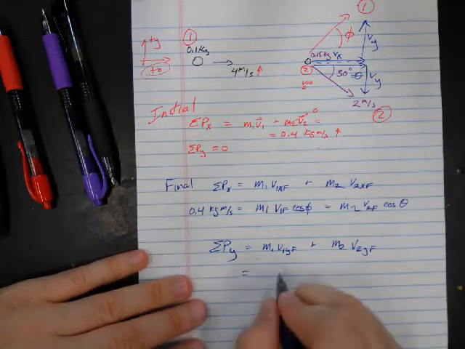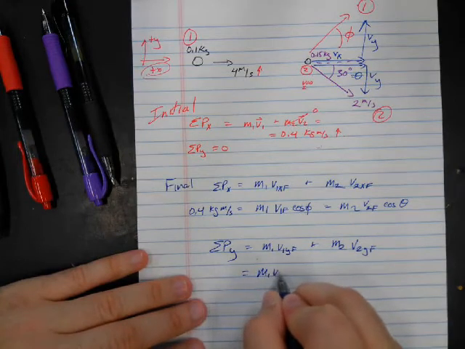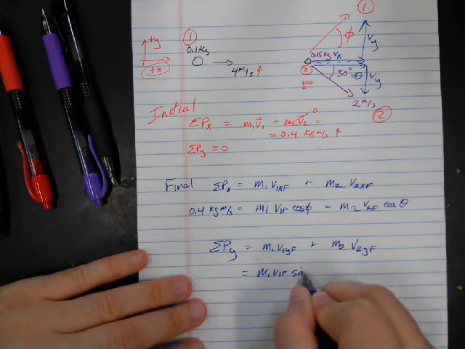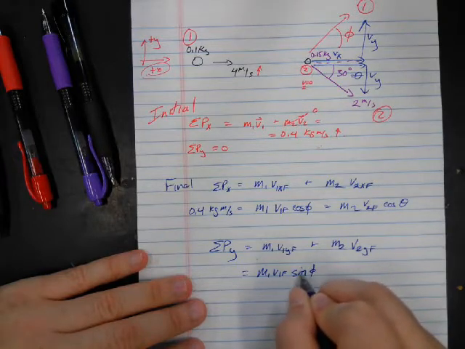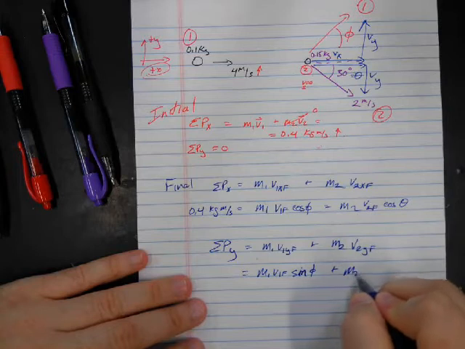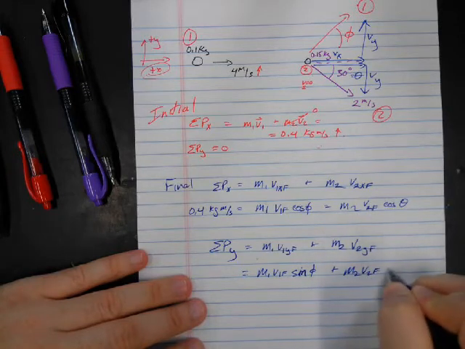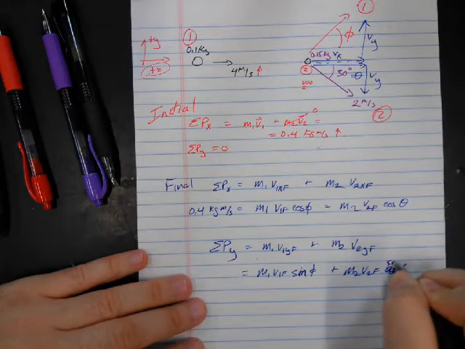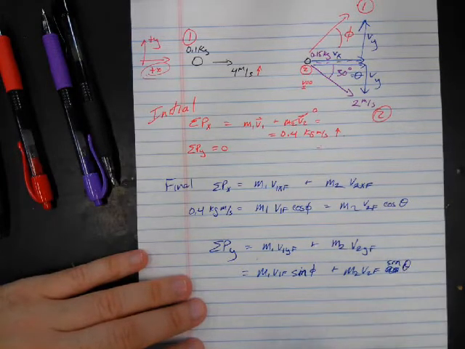So these have to be mass 1 v1 final sine phi plus m2 v2 final sine theta.